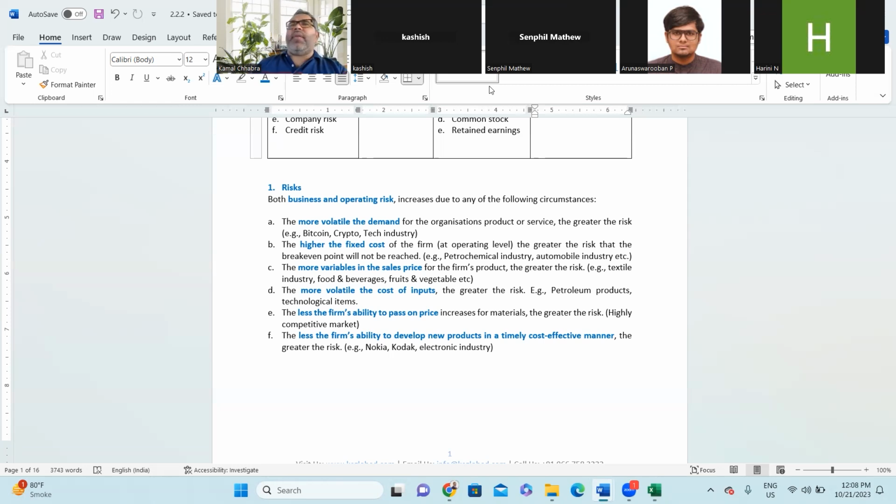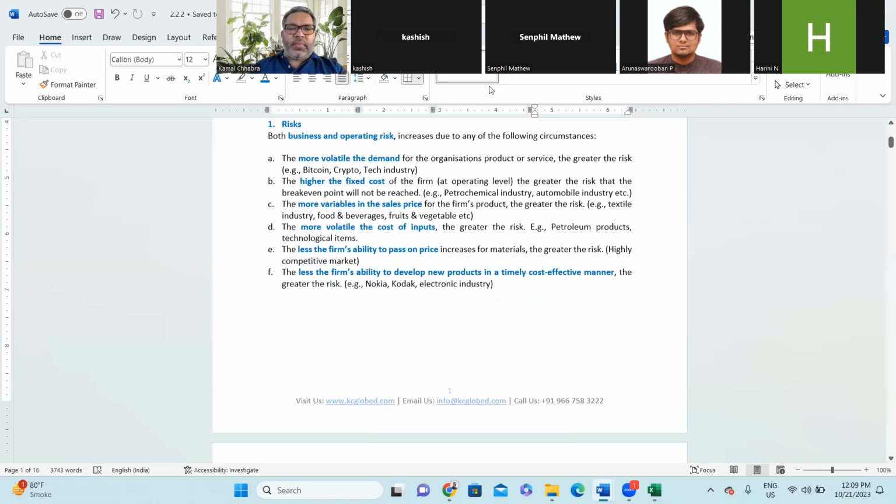So if you have a lot of variable components in your sales, that means you have various sales incentive schemes, various constraints, right? So the volatility, how much price, how much amount you are actually going to recover for the particular product and service which you are providing to your end customer, will be different, right? So that is also another risk.